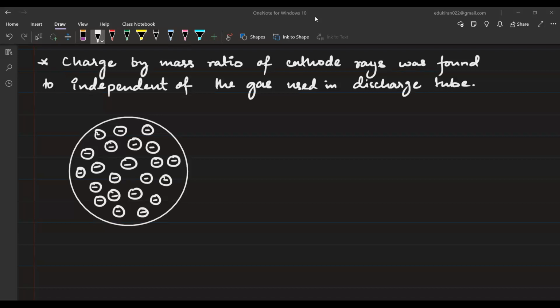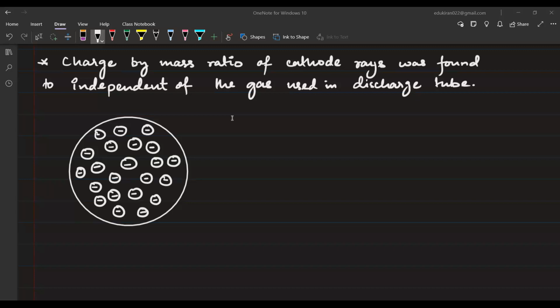He did many experiments within this cathode ray, I mean within this discharge tube only, but he was not able to get anything from the anode side. If there is some positively charged particle, it should come from the anode and go towards the cathode. But that wasn't happening. So he concluded that, okay, the complete atom is positively charged.